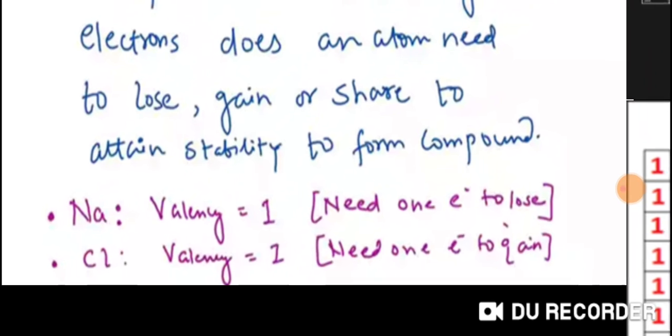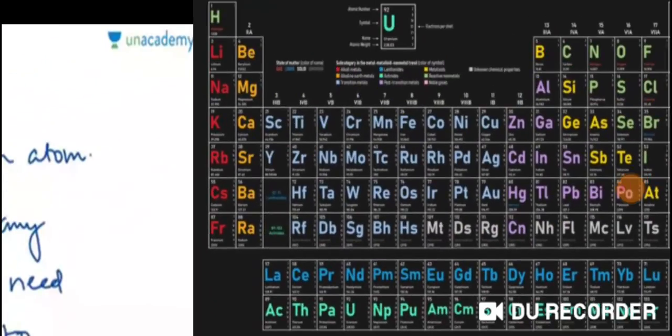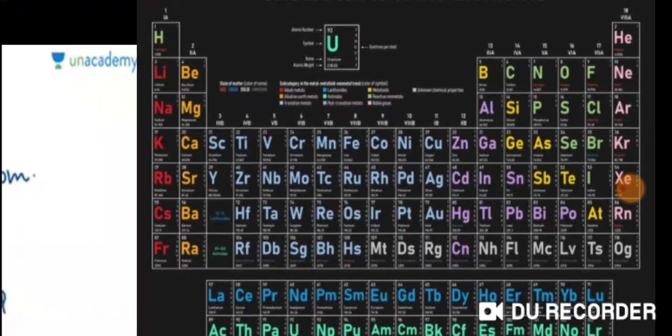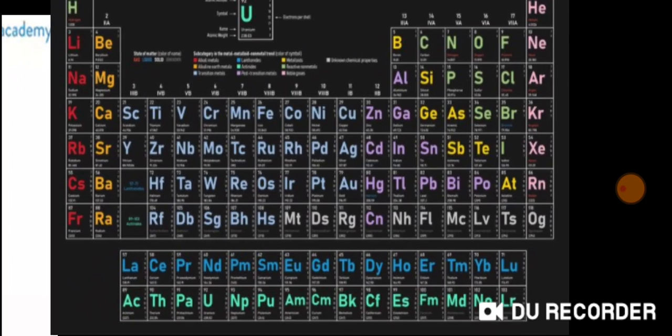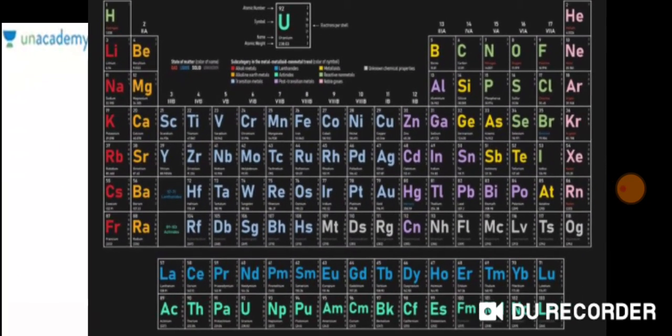So sodium needs to lose 1 electron, whereas chlorine, valency 1, having the same phenomena.